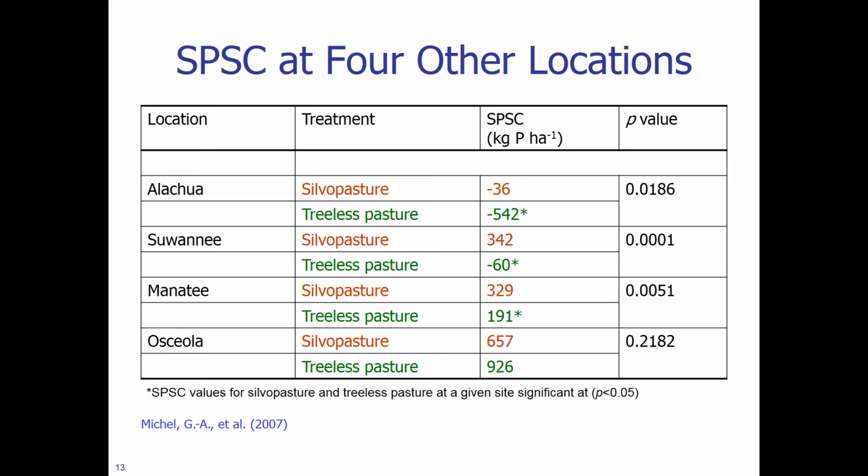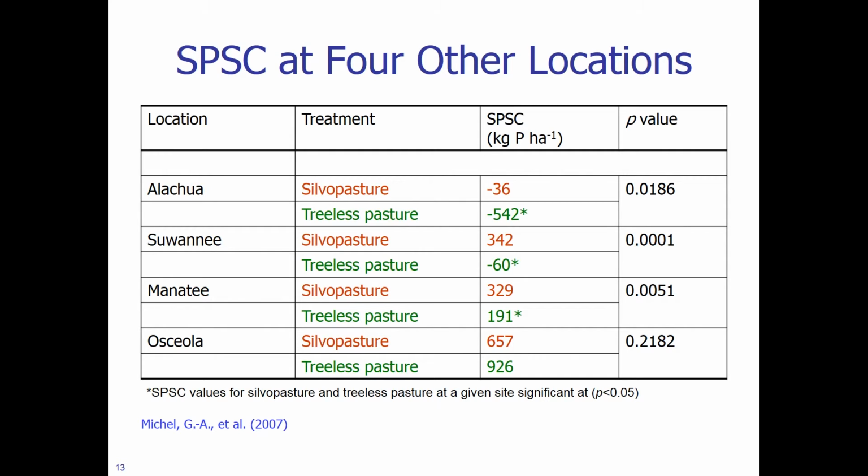If you look at it carefully, for Alachua County, which is again on an alfisol, the SPSC is negative for both the silvopasture and the treeless pasture, suggesting that these soils are P sources.